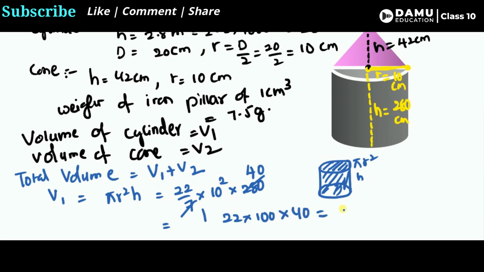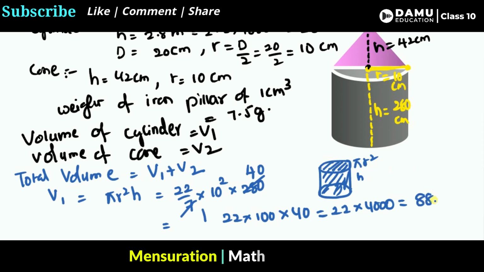This will be equal to 22 into 4000, that will be 88,000. So 88,000 centimeter cube. This is the volume of the cylinder.